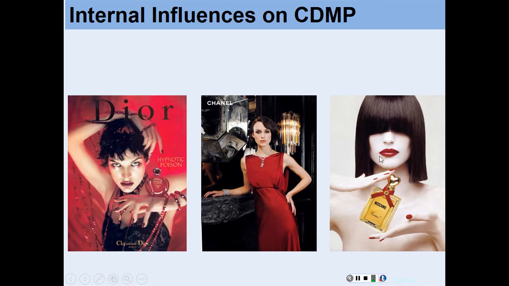But let's look at these three brands of perfume. You have Christian Dior, you have Chanel, and you have Mossimo. Look at how these three brands are targeting three different consumers. Are these consumers different in age? Probably slightly, but that's not the important thing. They're obviously not different on gender.